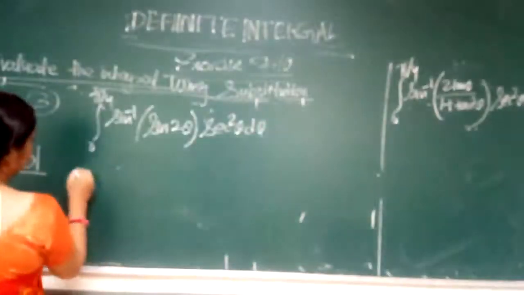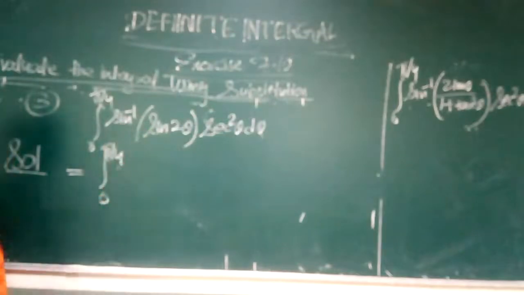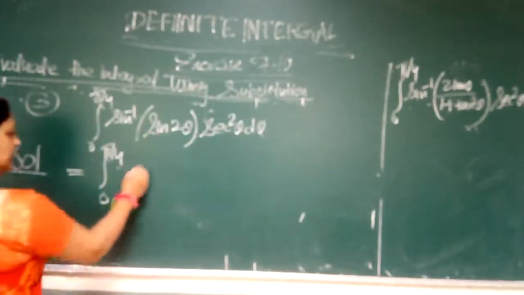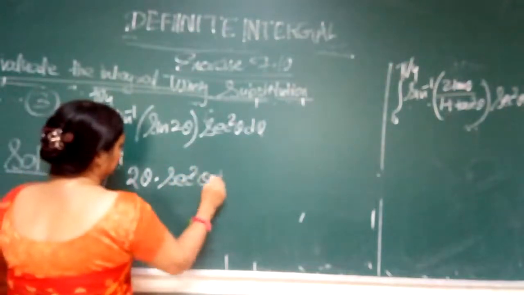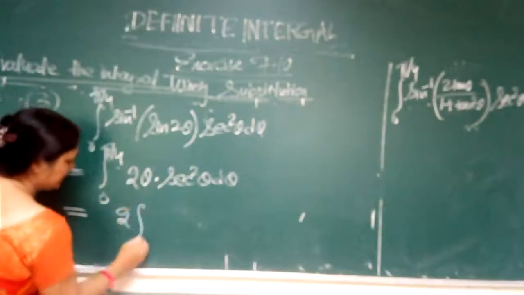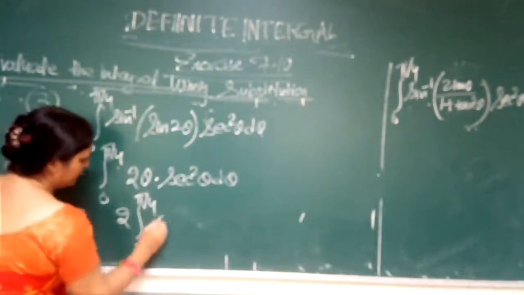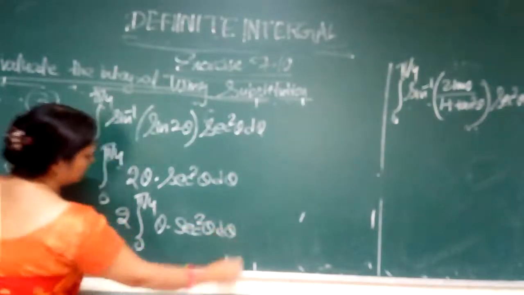Now after that students, 0 to pi by 4 sine inverse cancel with sine. So what is remaining here? 2 theta into sec square theta d theta. After that this 2 take to outside the integration. 0 to pi by 4 theta into sec square theta d theta.